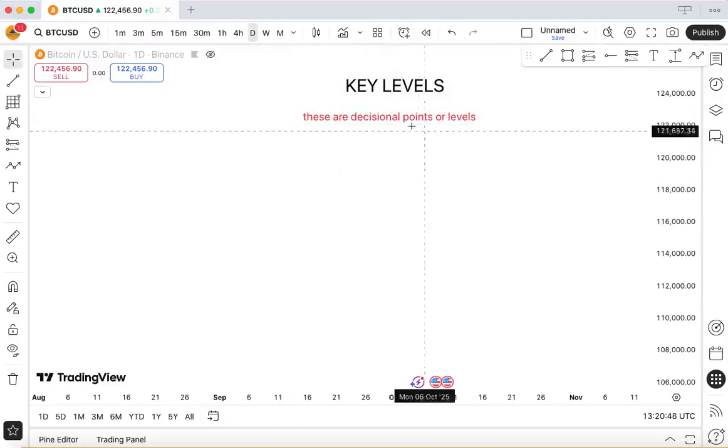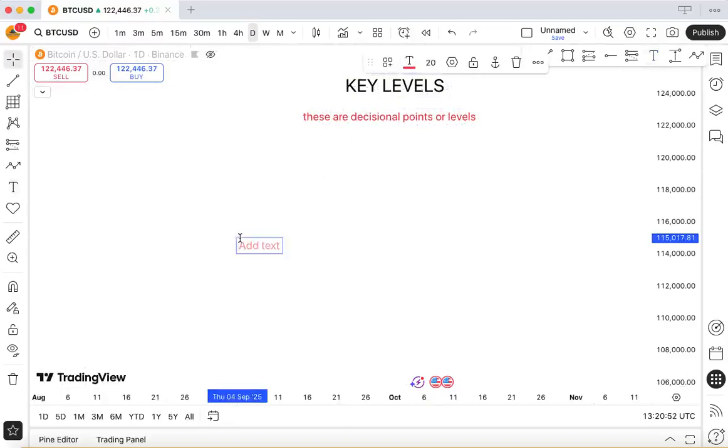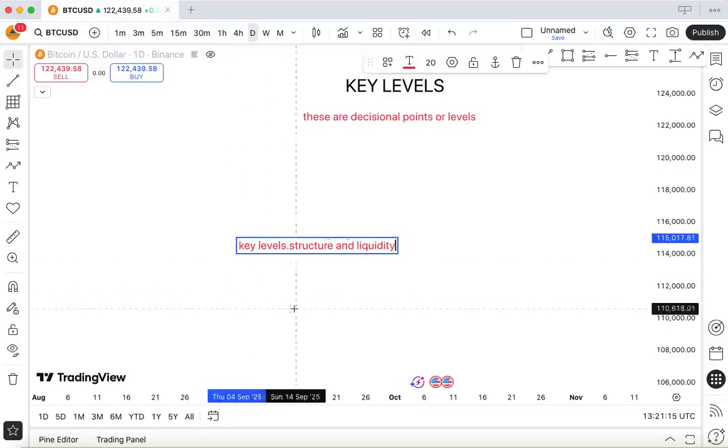What I do trade is key levels, then structure, and liquidity. That combination of three, it is what I do trade.